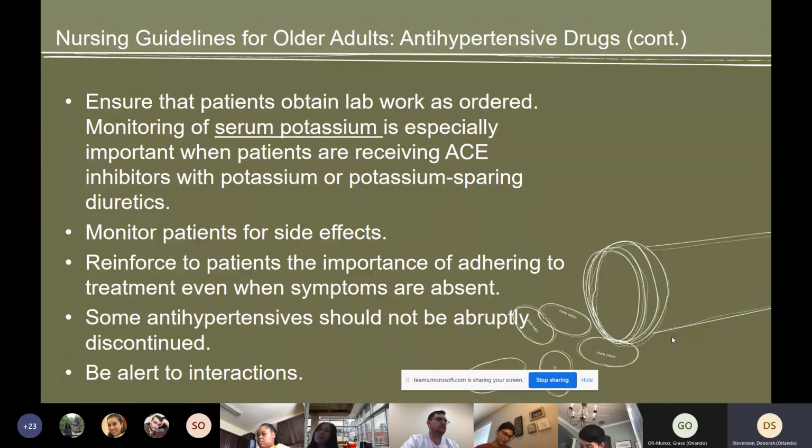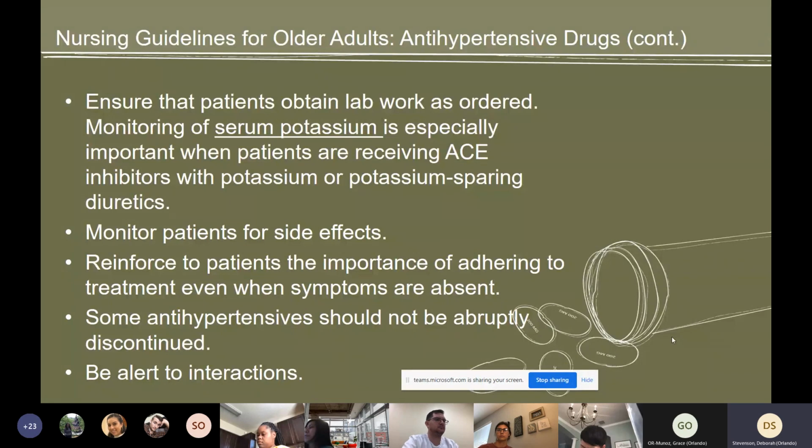Monitoring that serum potassium, particularly with ACE inhibitors, with potassium or with potassium sparing diuretics. If they're potassium sparing, we want to make sure that the serum potassium level is not too low or too high, particularly too high, because if it's not getting rid of potassium, it's going to build up in the bloodstream.